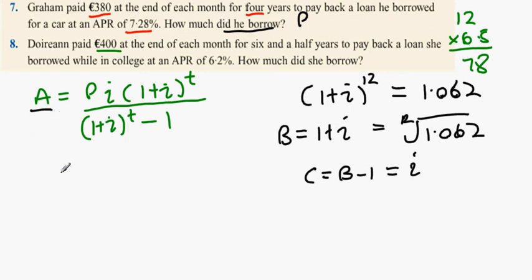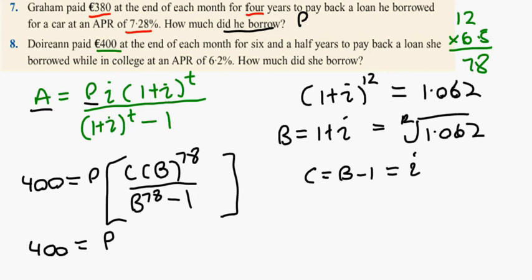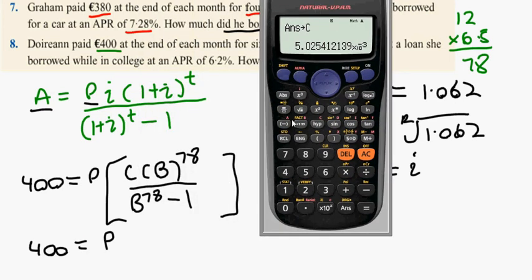Now we've got to put in our values. We know that A is 400. Once again, we're going to isolate out P, so P is going to be outside here. Our I value is C, our 1 plus I value is B, our T value is 78, all over B to the power 78 minus 1. So 400 equals P multiplied by, and we just figure this out in the calculator.